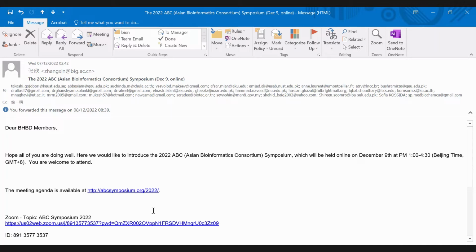I got the announcement on the 7th of December, so it was announced recently. It's a small consortium, happening online, and it's an Asian bioinformatics conference, which is much closer to your own home. It's not a European bioinformatics consortium.